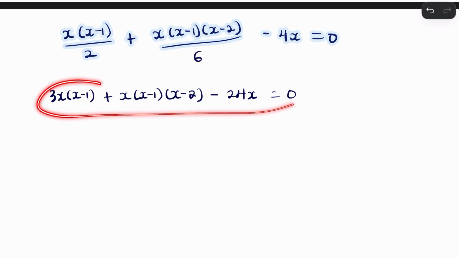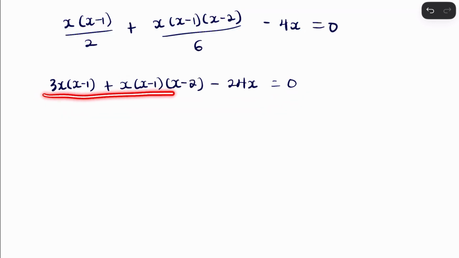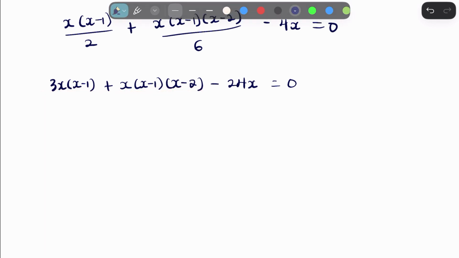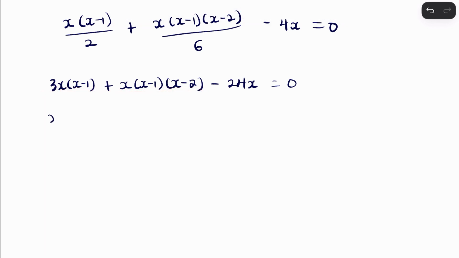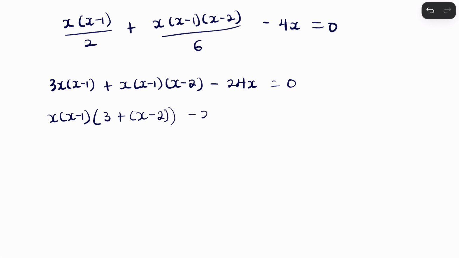And so we now solve this equation, right? From these two terms, we can factor out x times x minus 1. So doing so, we are going to have x times x minus 1 out, then 3 plus x minus 2, minus 24x is equal to 0. And so here, when you simplify this, you're going to have x plus 1, right?